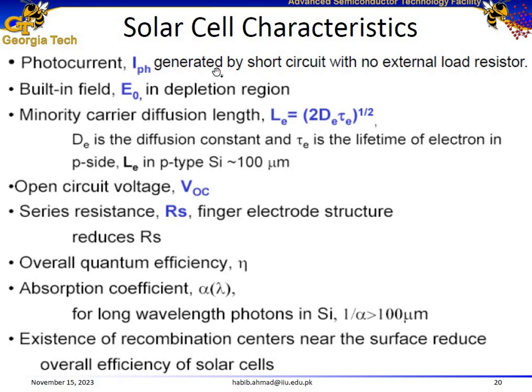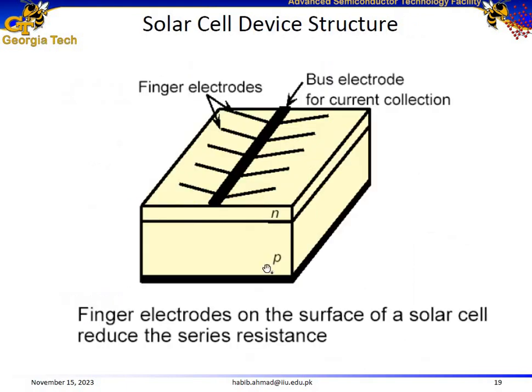Solar cell characteristics. The important parameters of a solar cell are the photocurrent or short circuit current, the open circuit voltage, and the series resistance. We know that a solar cell has a p-type layer and an n-type layer. And these semiconductors have a particular resistance according to the formula R equals rho L divided by A, where rho, the resistivity, is equal to 1 over q times mobility times the carrier concentration.